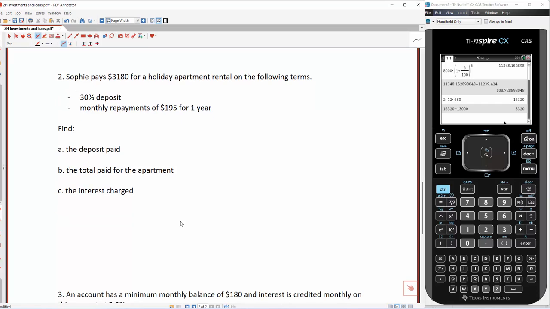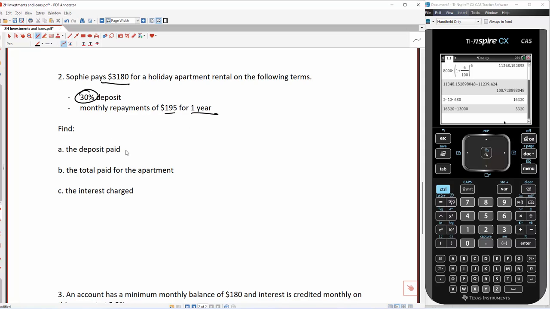All right, so the next one, we've got Sophie paying $3,180 for a holiday apartment rental on the following terms. She's got to pay a 30% deposit, and then monthly repayments of $195 for 1 year.